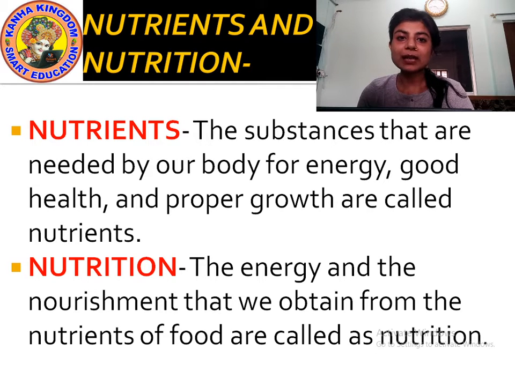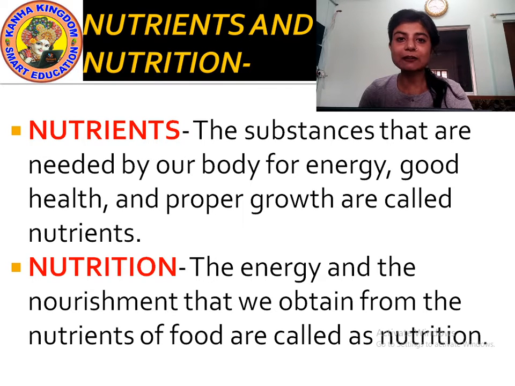The food that we eat contains many different nutrients, which are needed by our body for energy, for proper growth, for good health. That is called nutrients. And now what is nutrition? The energy and the nourishment that is obtained from the nutrients of the food is called nutrition.